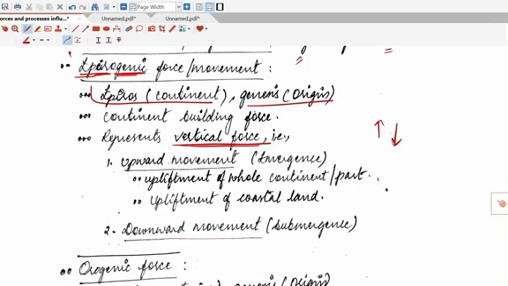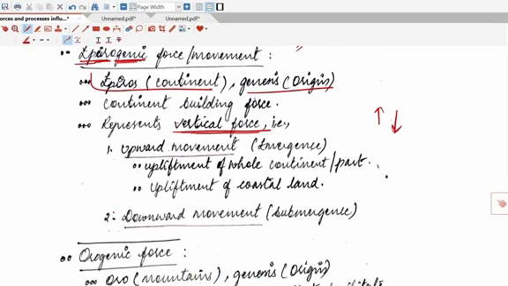We have seen that epirogenic is classified into two types, that is upward movement and downward movement. Upward upliftment of the whole continent or part of it is called emergence. See, due to some forces, the part of earth gets uplifted. Consider this land and this continent, and this is also continent.